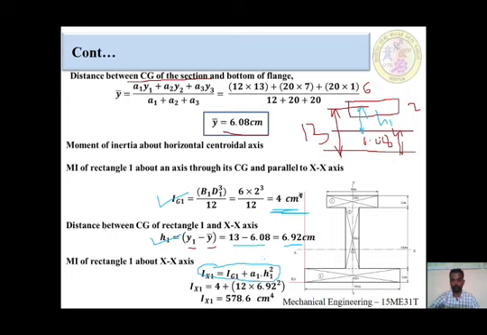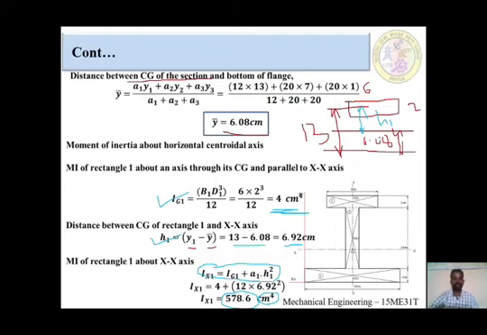Plus A1, we got 12 centimeter square, into H1, we got 6.92 centimeter, squared. After putting these values in the calculator, we will get 578.6 centimeter raised to 4. The unit of this moment of inertia is centimeter raised to 4.